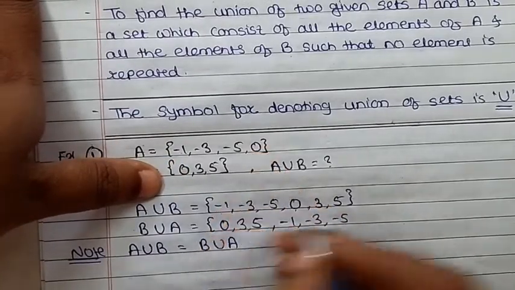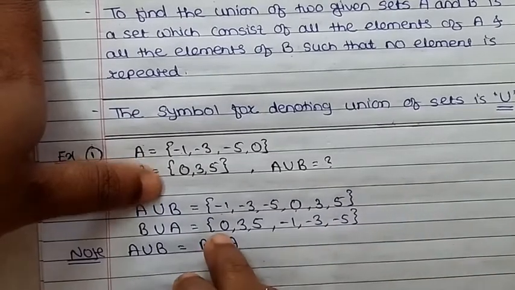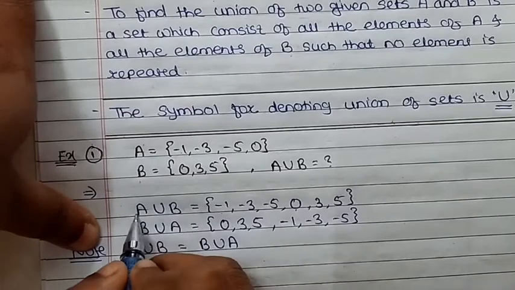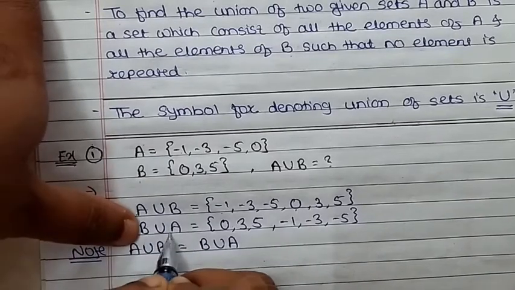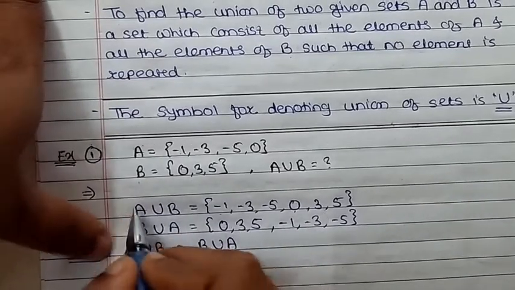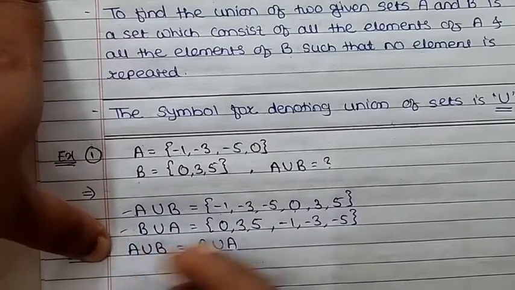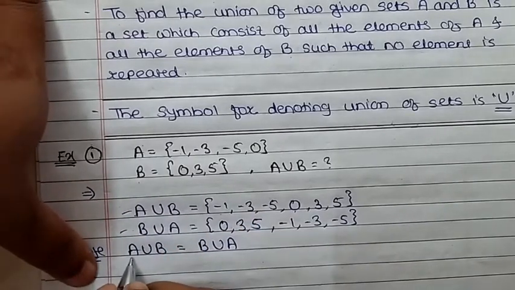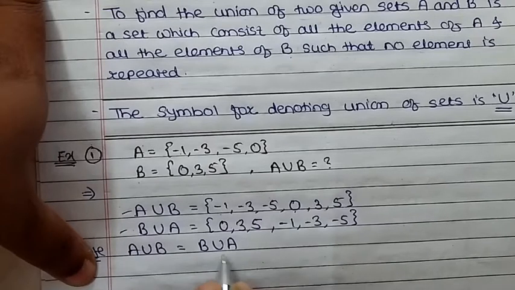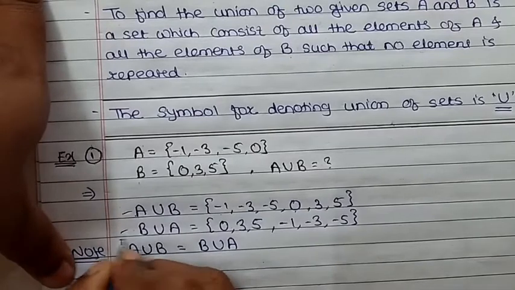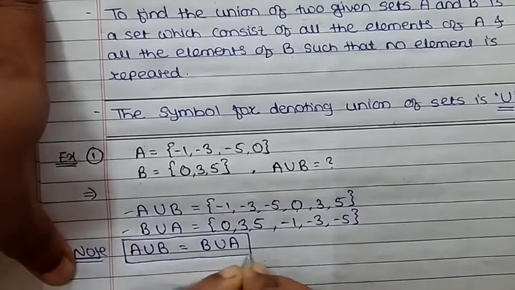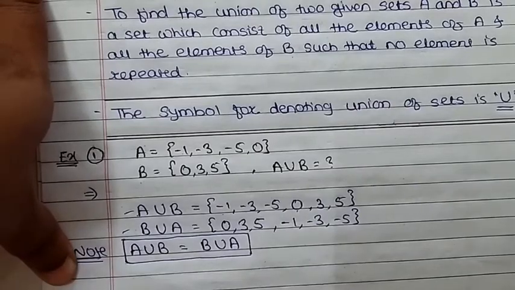Is 0 allowed? No. 0 is already in this set, so therefore no need to write it down here. Okay, so compare A union B and B union A. All the elements of the first set are equal to all the elements of the second set. Therefore we can say that A union B is also equal to B union A. This is one of the properties of the union of two sets. Clear? Understand this one?